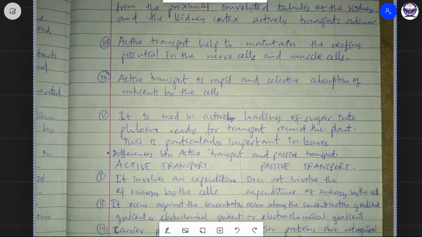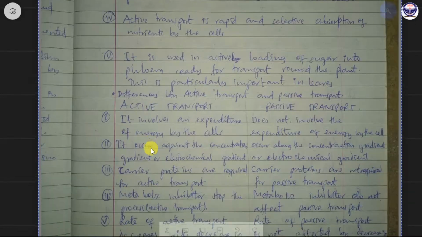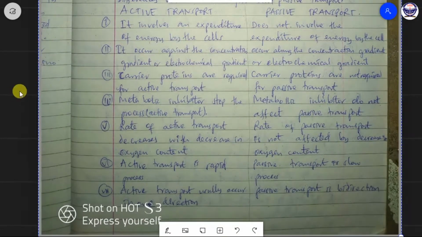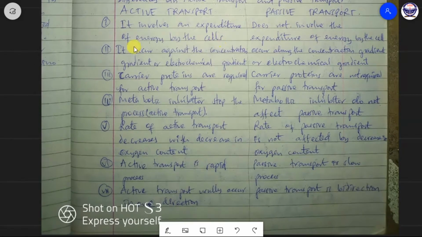Now let's discuss some differences between active and passive transport. What are the differences between them? In active transport, first, it involves expenditure of energy, but passive does not involve energy.